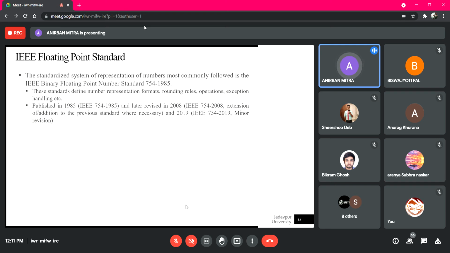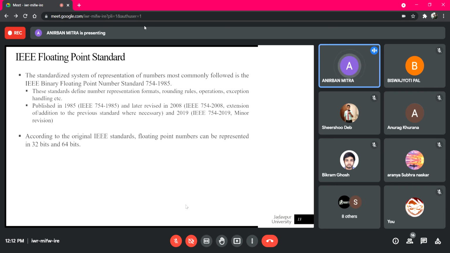The 1985 standard, the original standard, gives two different formats to represent floating point numbers. One is a 32-bit format, the other one is a 64-bit format. The 32-bit format is known as single precision format, and the 64-bit is known as double precision format.